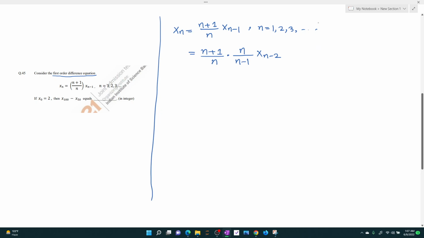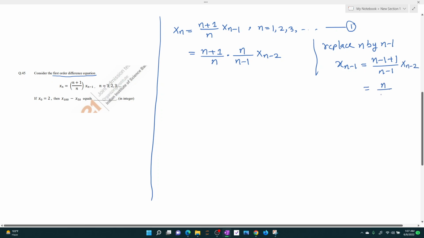Because by using the same equation, let's say this is equation number 1, if we replace n by n minus 1, right? So we have x_(n minus 1) is nothing but ((n minus 1) plus 1) upon (n minus 1) into x_(n minus 2), which is nothing but n upon (n minus 1) x_(n minus 2).